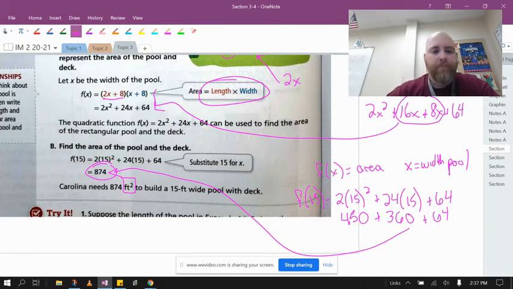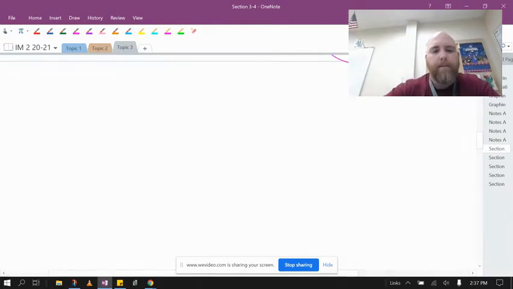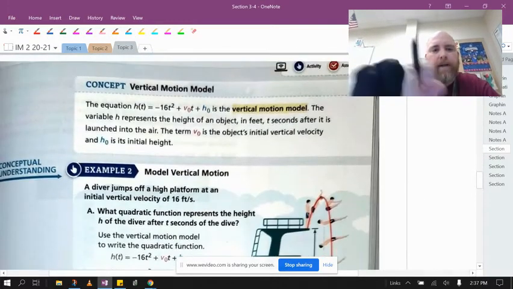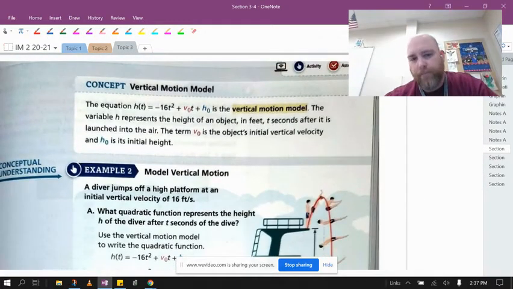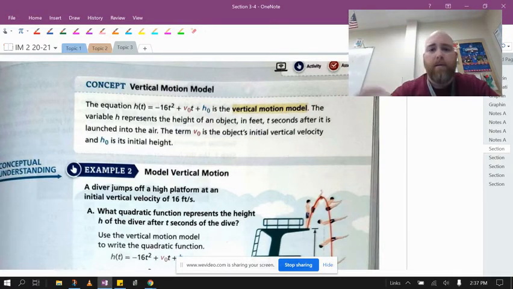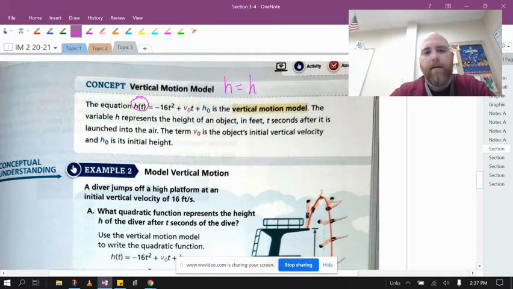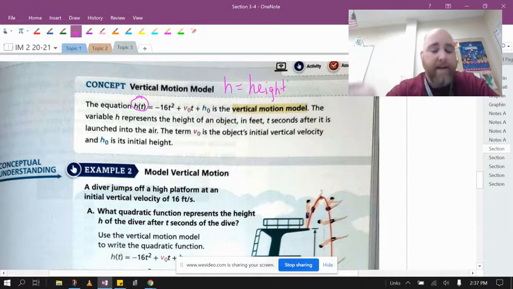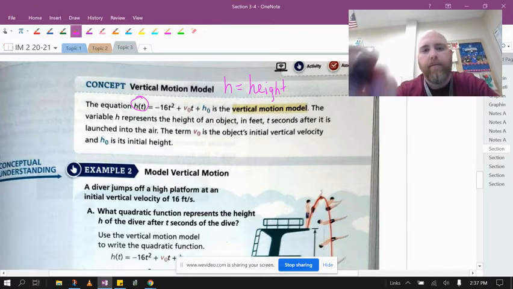So the other type of problem we're going to look at is vertical motion. Now, all this is an equation for finding the height of something after a certain amount of time. So it's h of t. h is the height. So h of t is the height at t seconds.